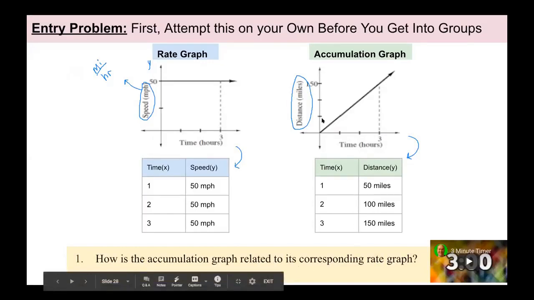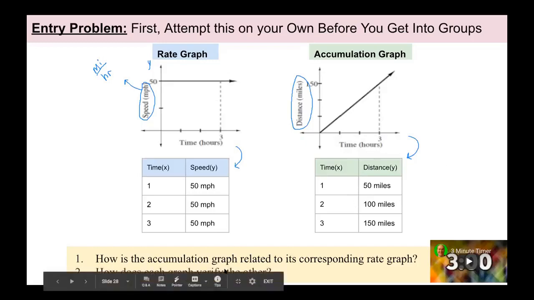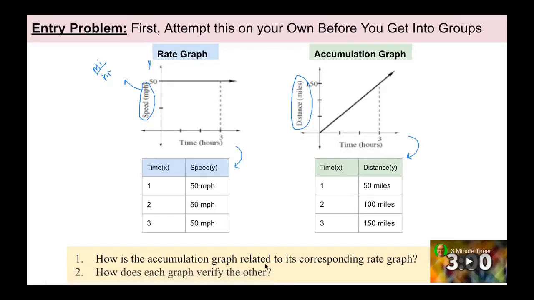So in this case, how is this distance graph related to the rate graph? That's accumulation related to rate. And number 2: How does each graph verify the other? Those are the 2 questions to think about in the next 3 minutes. So please copy this down and try to answer these 2 questions.